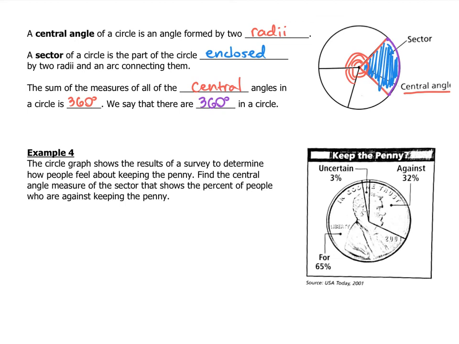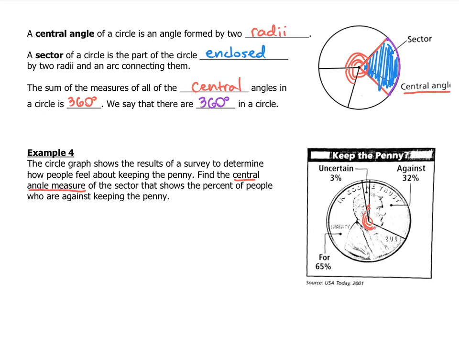Okay, so for this problem you have to know some vocabulary. So first of all, you're asked to find a central angle measure. And remember, central angles are formed by two radii. So there are three central angles shown in this picture. There's this central angle, there's this one, and then there's this large obtuse angle here.